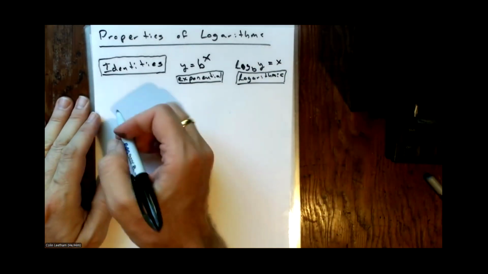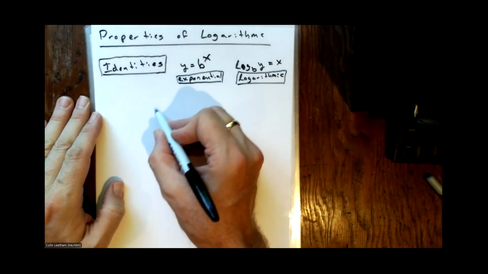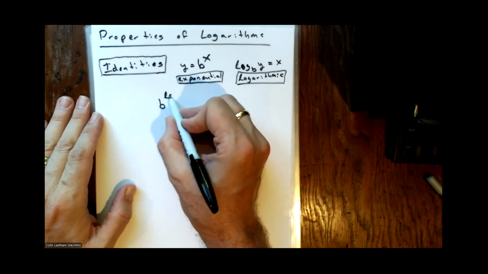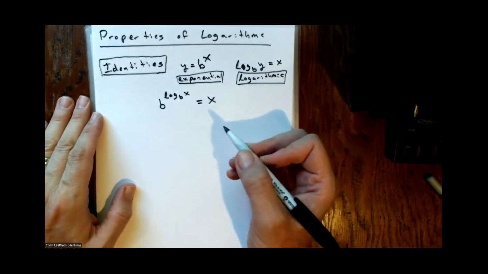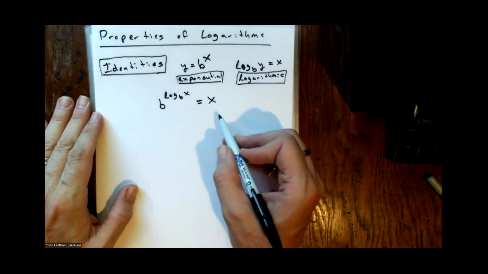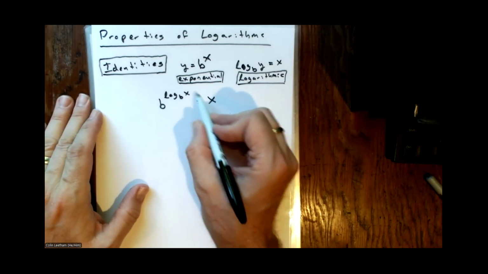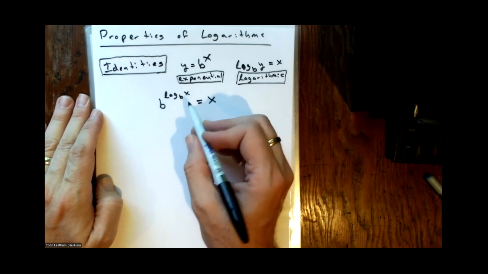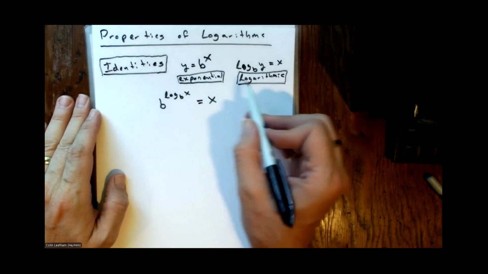Now let's take a look at a couple other identities. One of those is if I've got b to the log base b of x, that is equal to x. This highlights that a logarithm is essentially the anti-operation of an exponent.